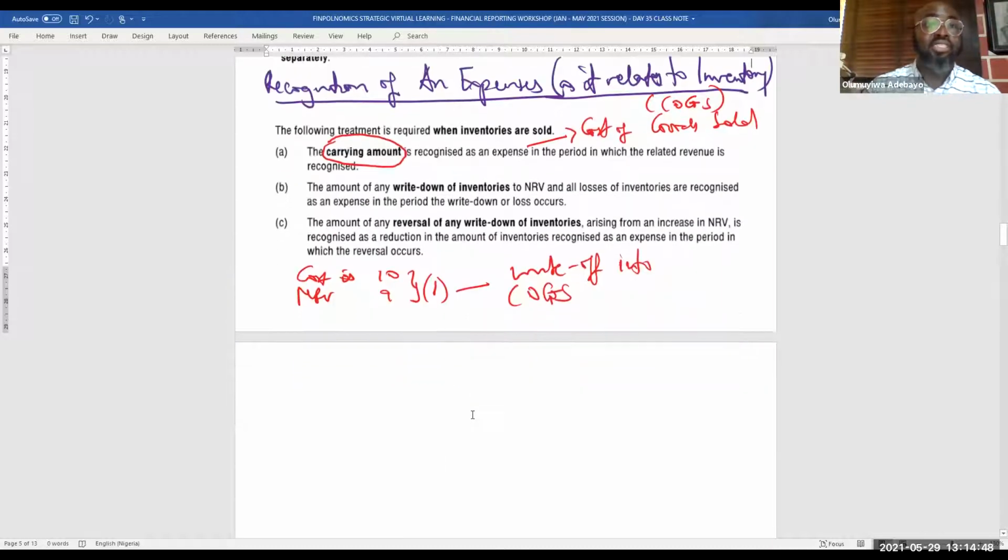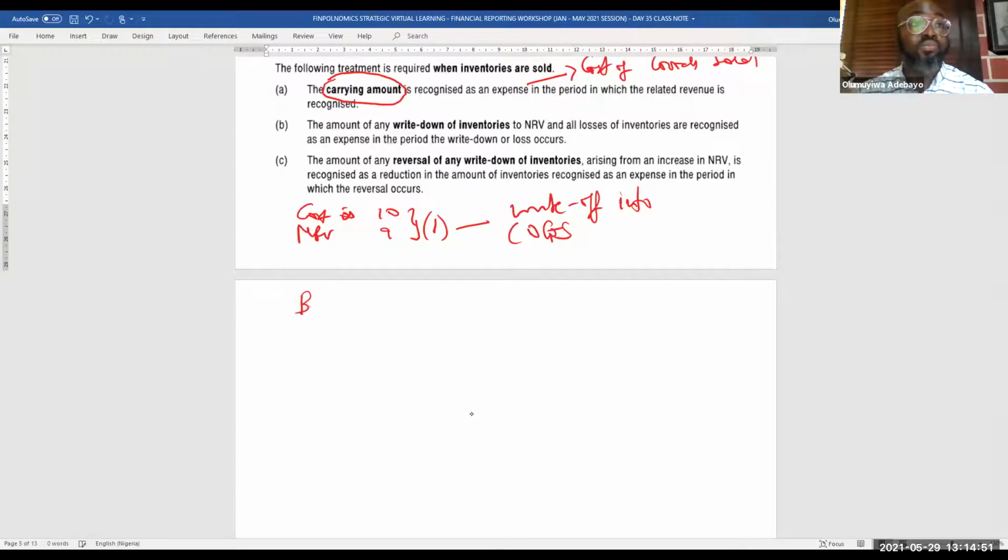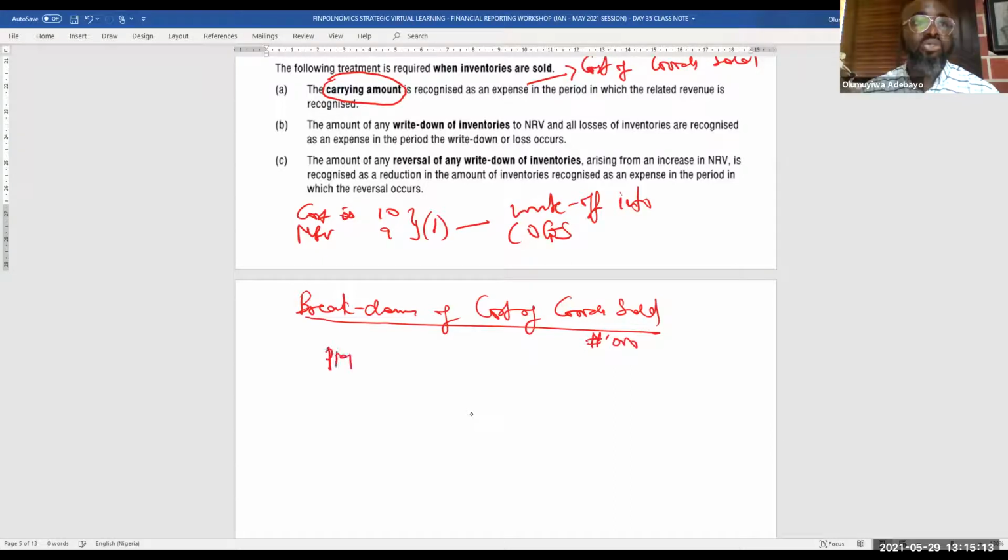And that's why when you see the breakdown of cost of goods sold, let me say you are into petroleum product sales, you see cost of goods sold for PMS can be this, cost of goods sold for AGO, diesel, can be this, cost of goods sold for DPK, kerosene, might be this.